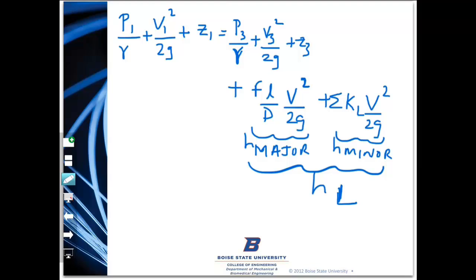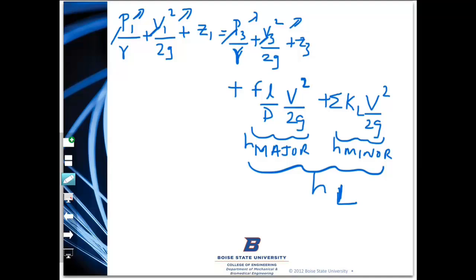So in this equation, P1 is 0, V1 is 0, V3 is 0, P3 is 0. So you can see that at this point we don't know f, but we can find it.